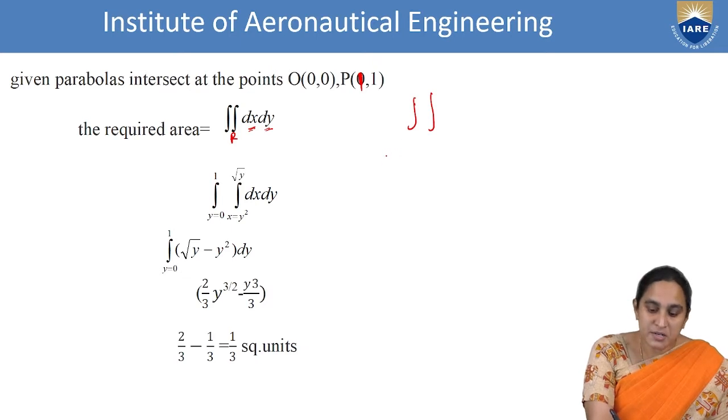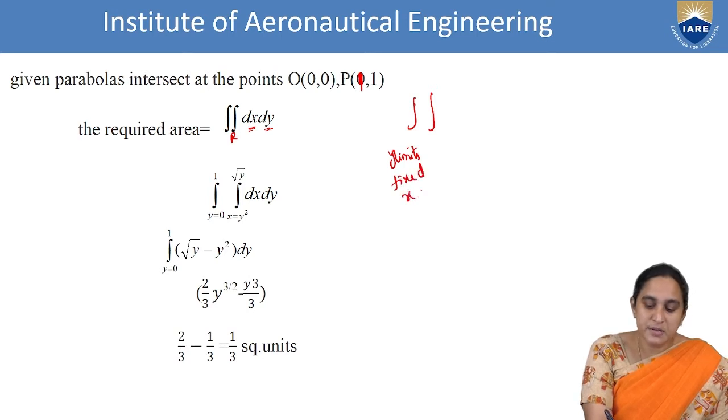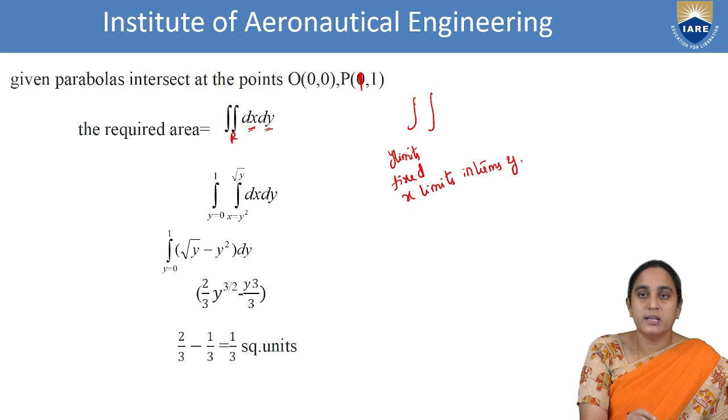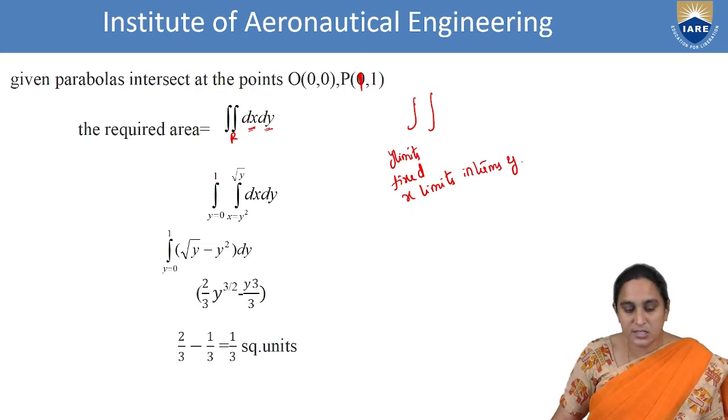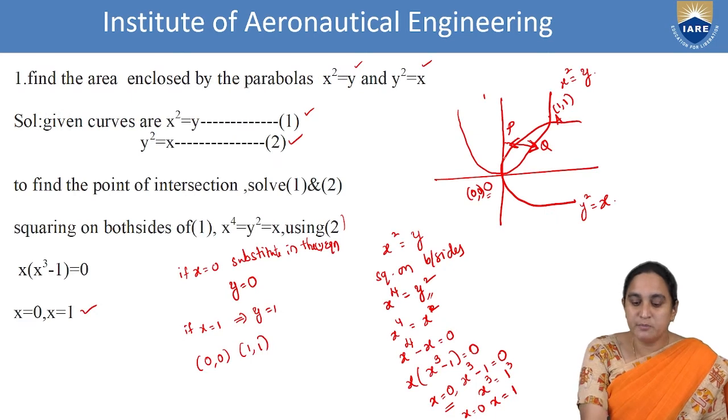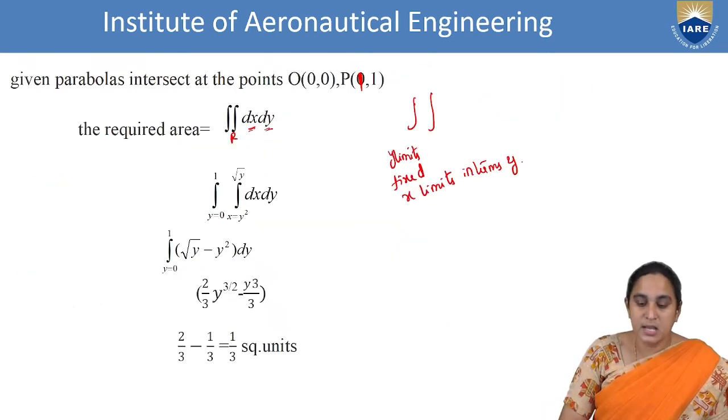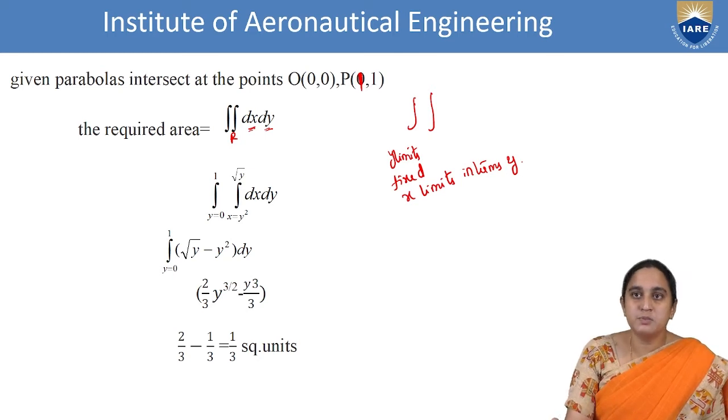Here the y limits are fixed, and the x limits are in terms of y, right? X limits in terms of y. By using the horizontal strip on the curve, I take the upper limit and lower limit of x. Here the x limits are in terms of y and the y limits are fixed.